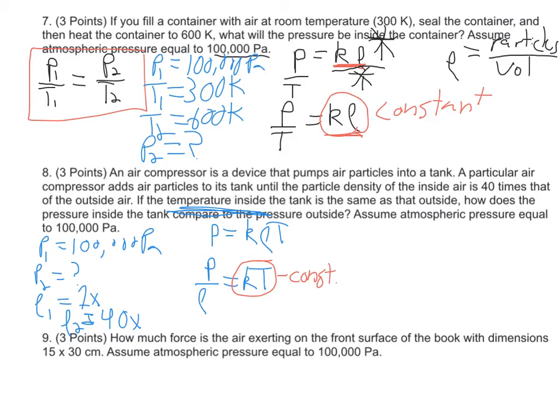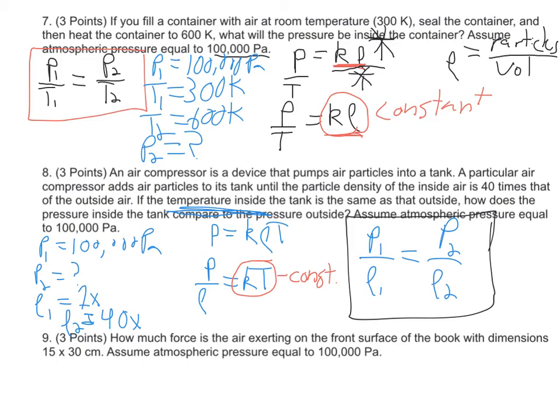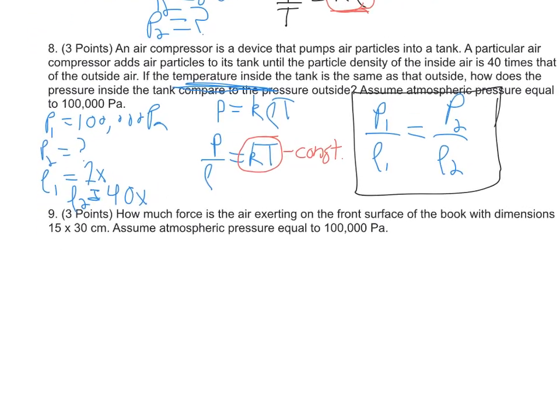So what we can find is that we can use an expression that P1 divided by density 1 is going to be equal to pressure 2 divided by density 2, and again you can plug in the values we're given and use that to solve. So we're rocking and rolling here, pretty good.